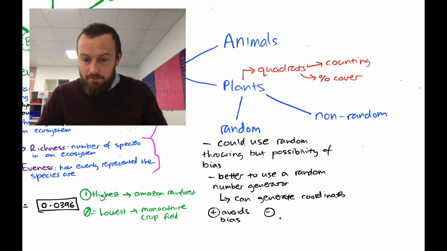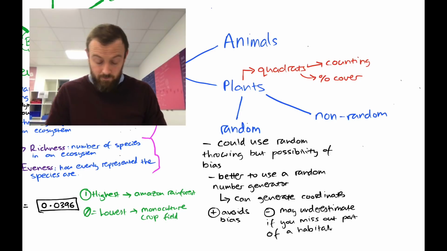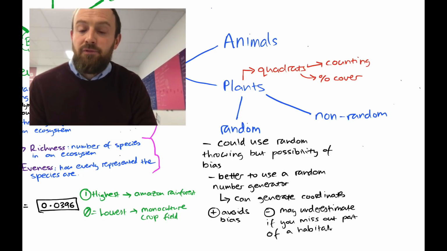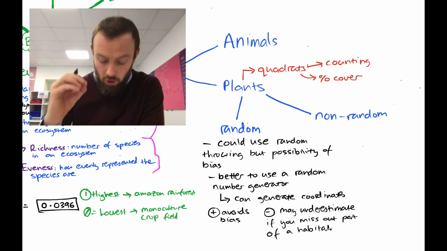So the negative is it may underestimate if you miss out part of a habitat. So if the habitat is not uniform, then you've got to use some form of non-random sampling.